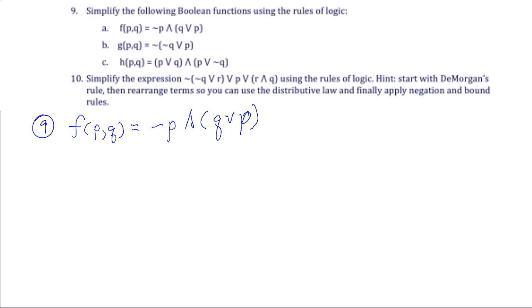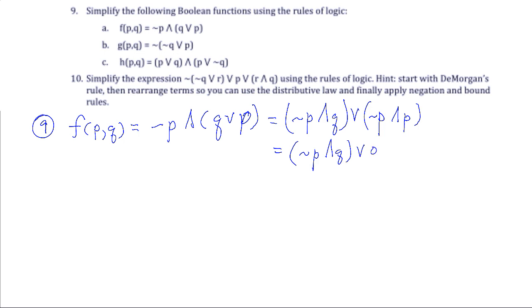And I'm going to just distribute the not p. I'm going to do distributive law of and over or, and I'll have not p and q. And that's going to be ORed, and I better put parentheses around it, with not p and p. But now we see the simplification because not p and p is a contradiction.